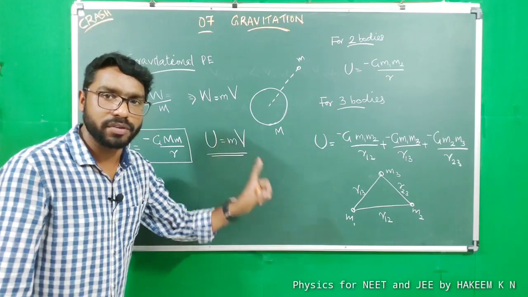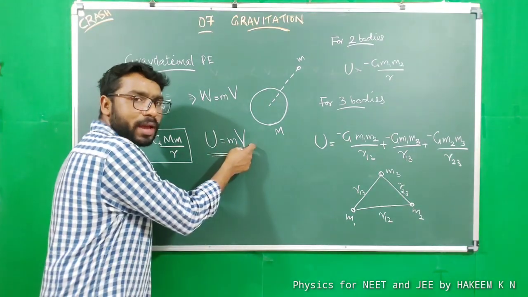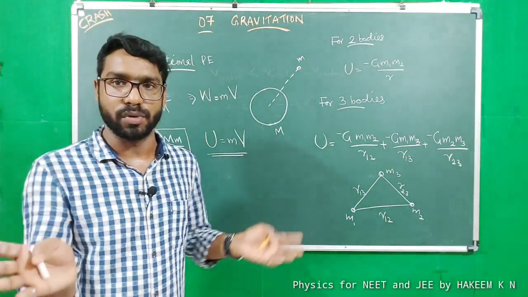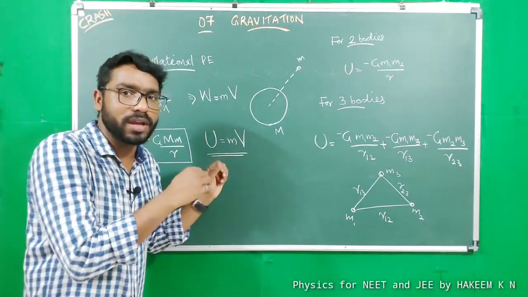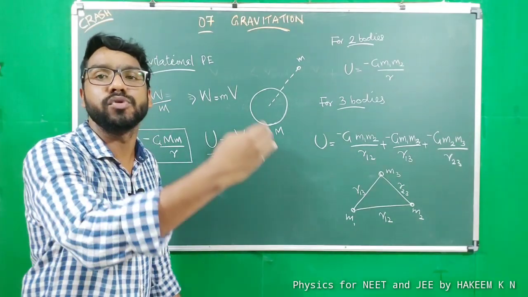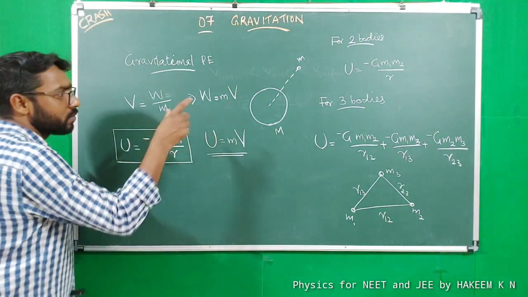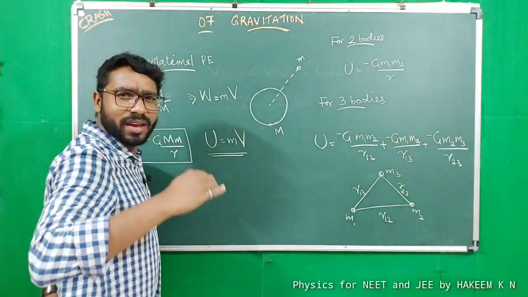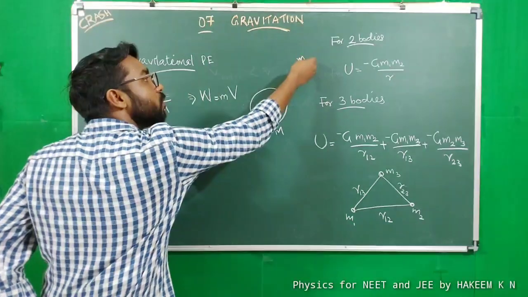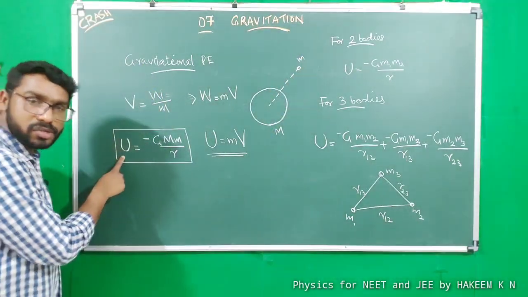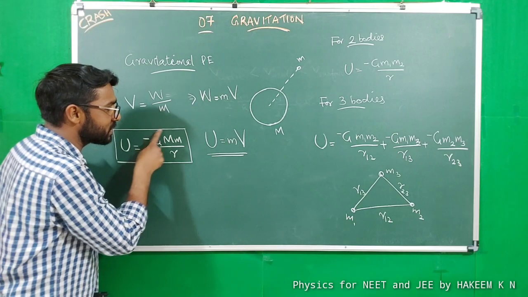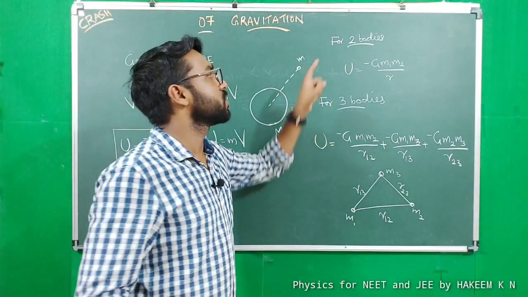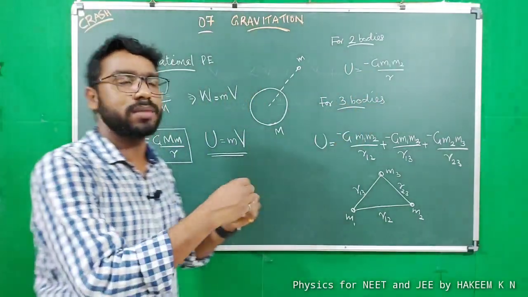Mass into gravitational potential. Capital V is the gravitational potential due to earth or a big body, one body, and small m is the mass of another body. So for earth and a body of mass small m, or a planet and another body small m, we can say gravitational potential energy U equals minus GMm by r, and between any two bodies, gravitational potential energy equals minus G m1 m2 by r.